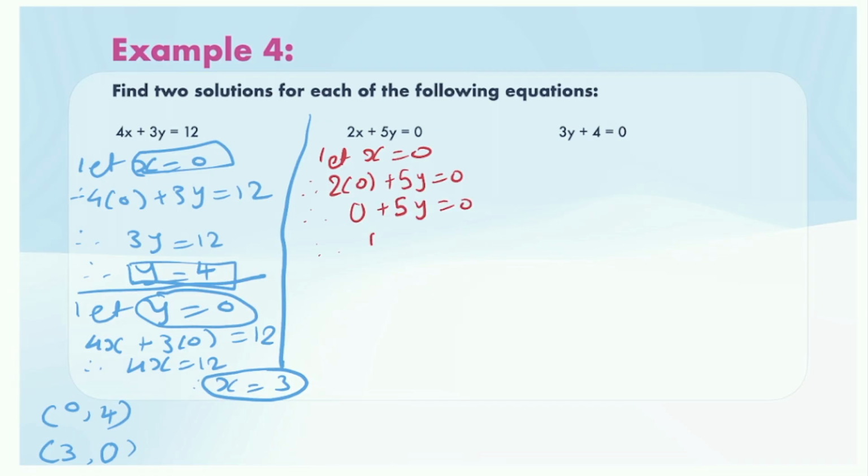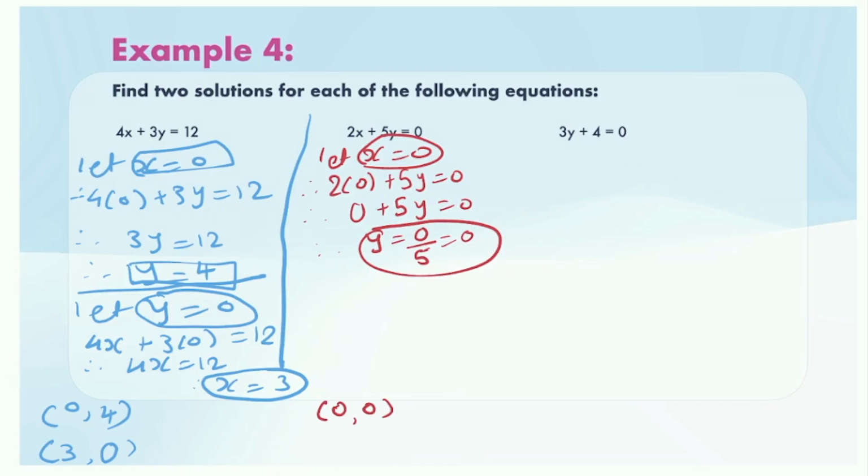So final answer will be, sorry, I have to write y here, right? So final answer will be y equal to 0 by 5. Now any number, if you write 0 divided by any number, it will be 0. So when I put x equal to 0, my y will always be 0 in this equation. So write the first solution as (0, 0).